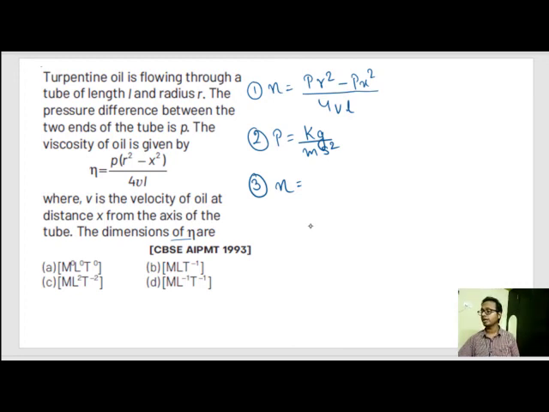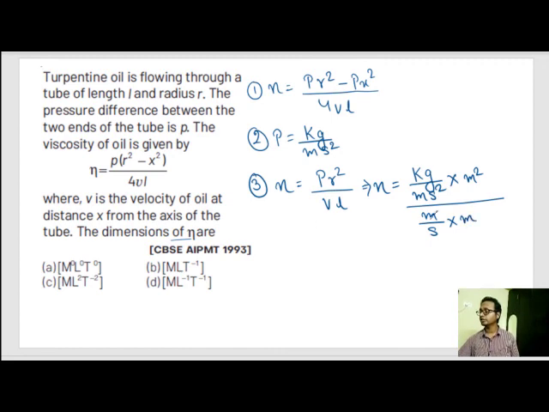So we can simply write the units of PR square by VL is the unit of N. The unit of P is nothing but kg per meter second square, R square becomes meter square, by velocity, meter per second, and length, meter.